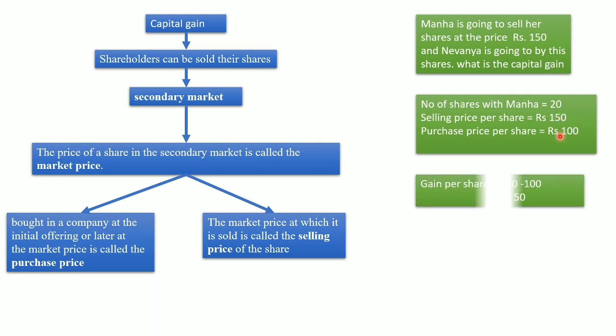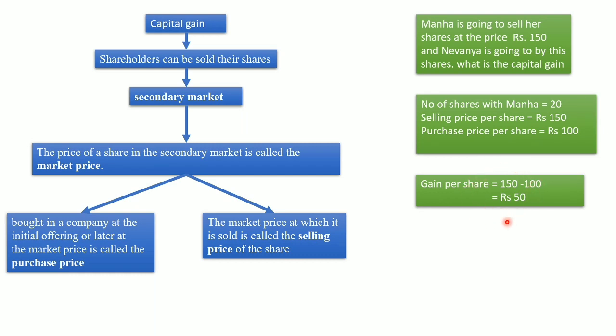The purchase price is 100 rupees. Gain per share is 150 minus 100, which is 50 rupees. What is this? It is the gain per share. She got a little profit.